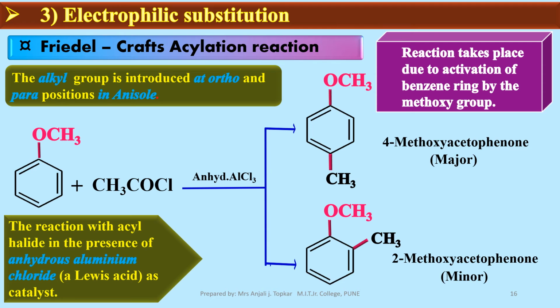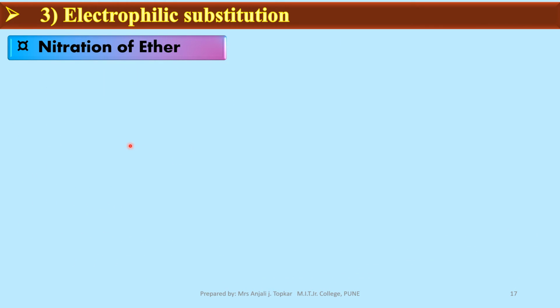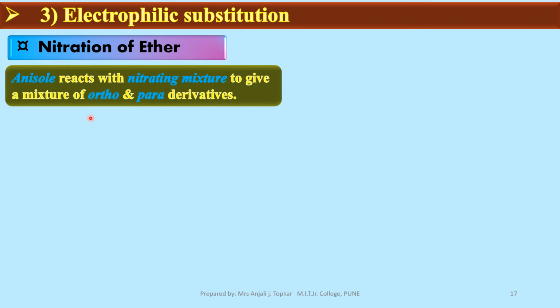Let's talk about nitration of ether. Anisole reacts with nitrating mixture to give a mixture of ortho and para derivatives. Here is anisole.